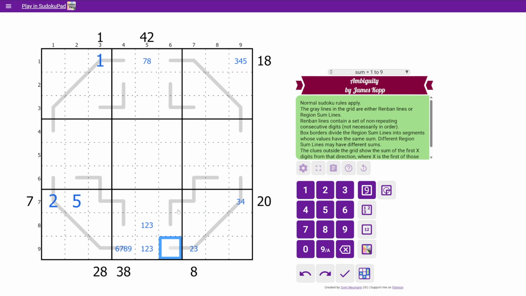What about, how do I sort out? Are any of these lines obvious of being Rinban? I mean, they're not, are they? I don't think they are at the moment.